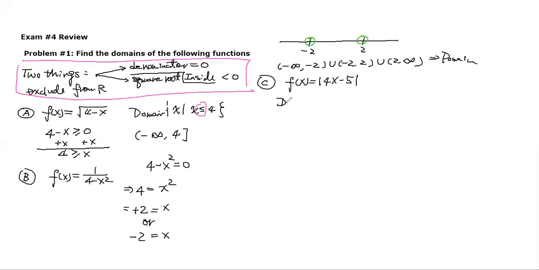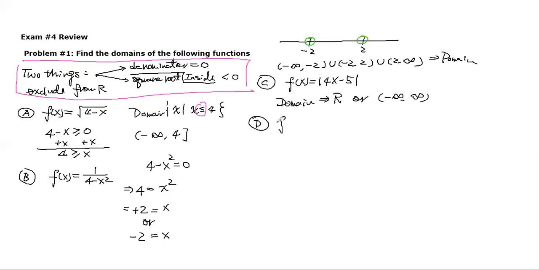So this part is pretty easy. The domain here will just be what? The whole real numbers, right? Or you can write it from negative infinity to positive infinity, right? So that's pretty straightforward.